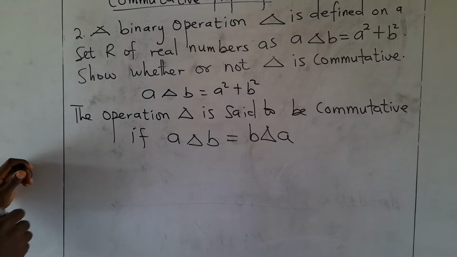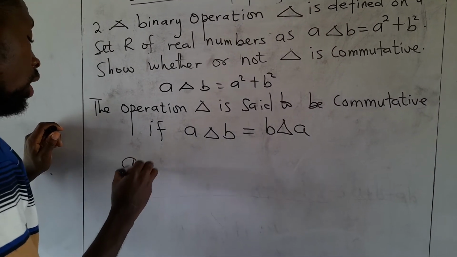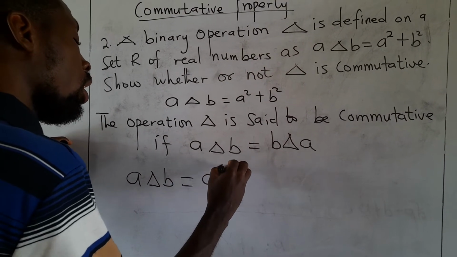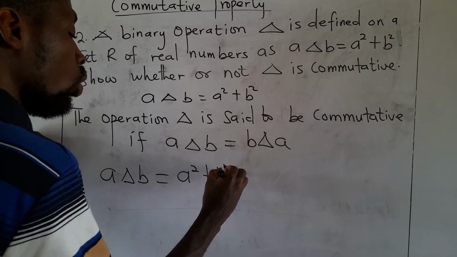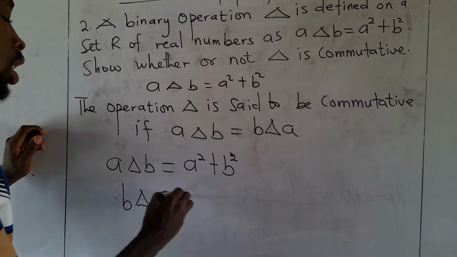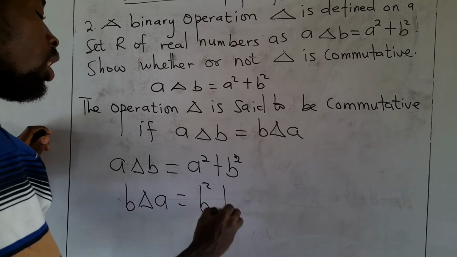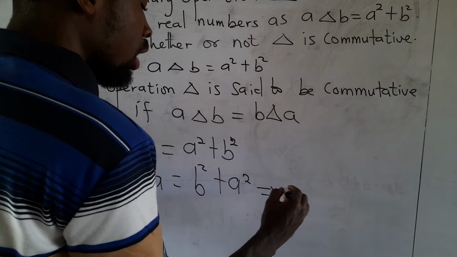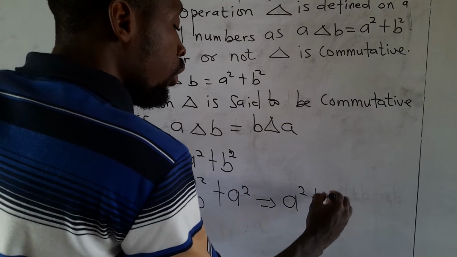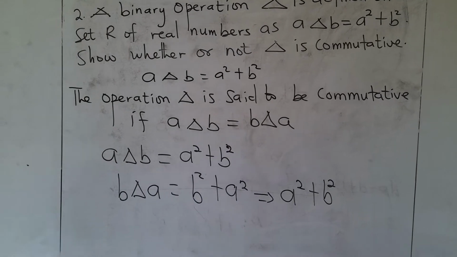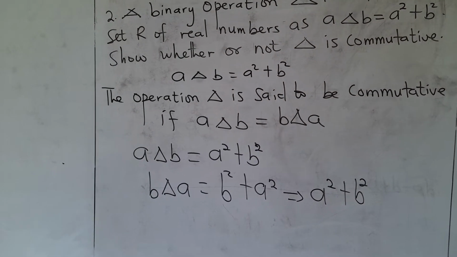So let's find A delta B. A delta B will be A squared plus B squared, already given to us. Then B delta A will be equal to B squared plus A squared, which we can rewrite as A squared plus B squared, so as not to change the meaning of that statement or the value of it.